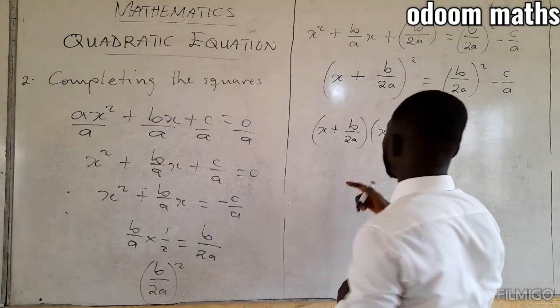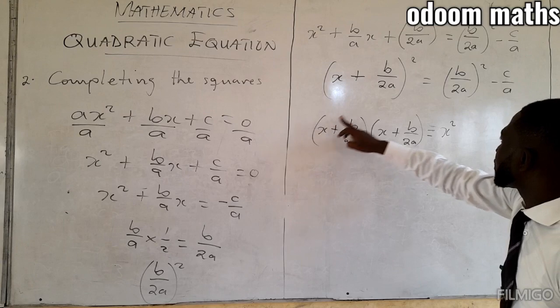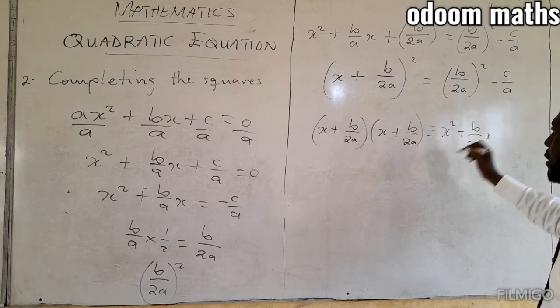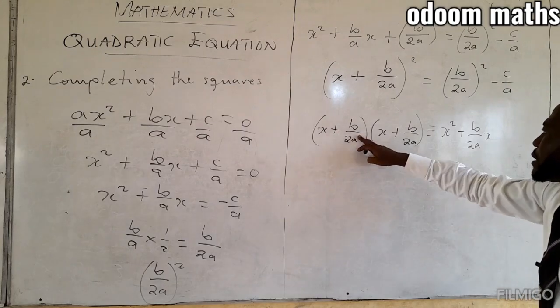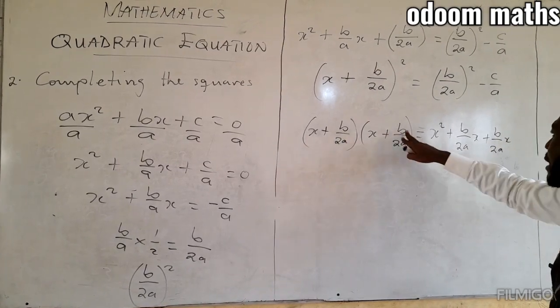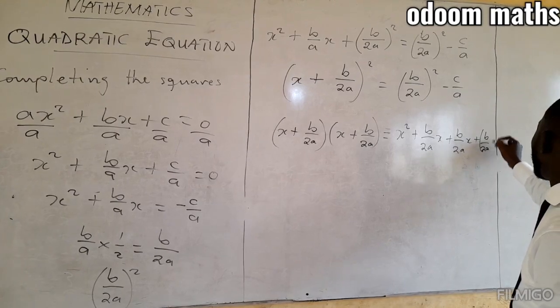Okay, so I am expanding. This times this will be x squared. This and this will be plus b over 2a x. So I'm done with this one. Now this and this will also be plus b over 2a x. Then this and this will be plus, in brackets, b over 2a squared.